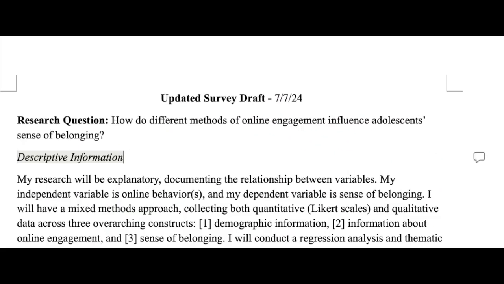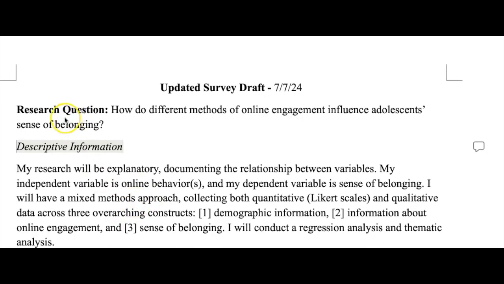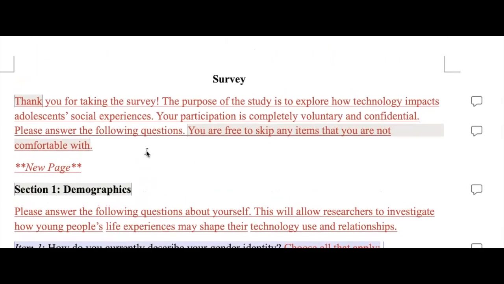So here is just an example that Dr. Meriker wanted me to show you that your final assignment might look like. So again, make sure you read Canvas. Do make sure that your research question or questions are at the top of your survey draft. But we're going to scroll down here because this is what we want to see.